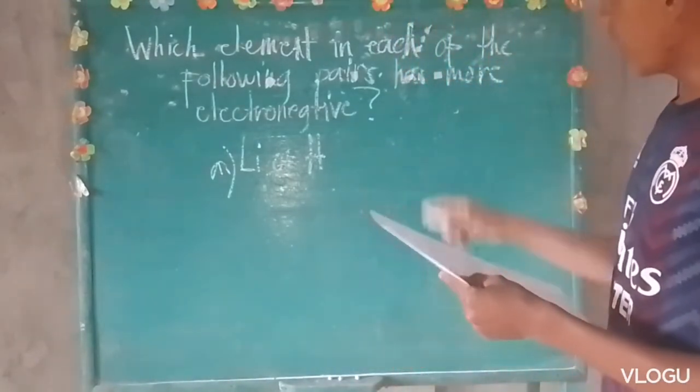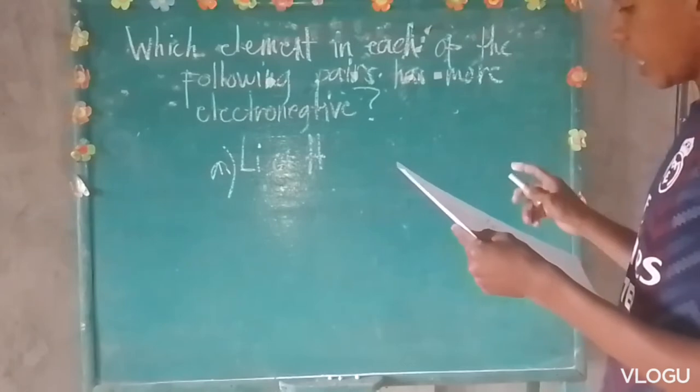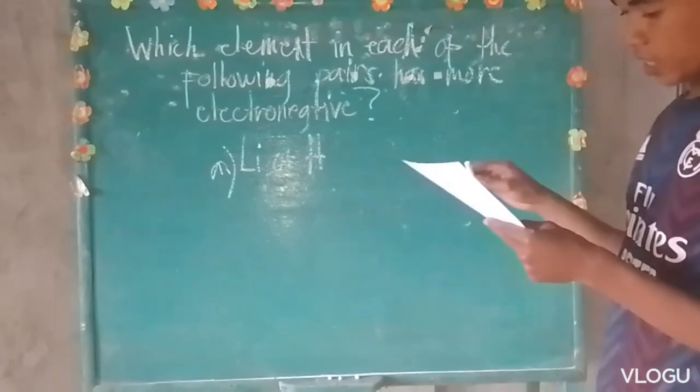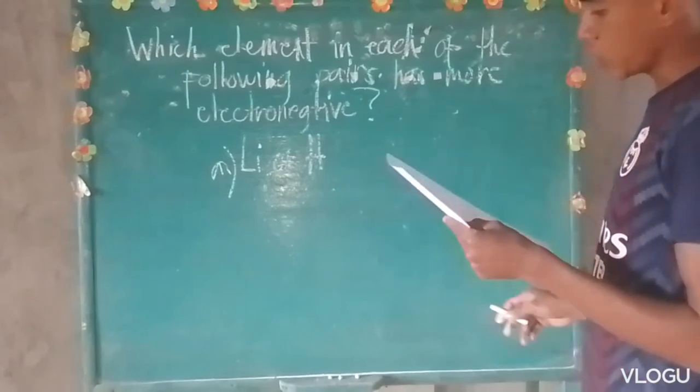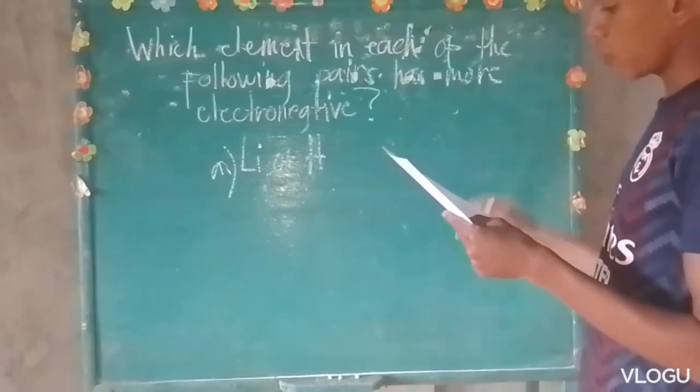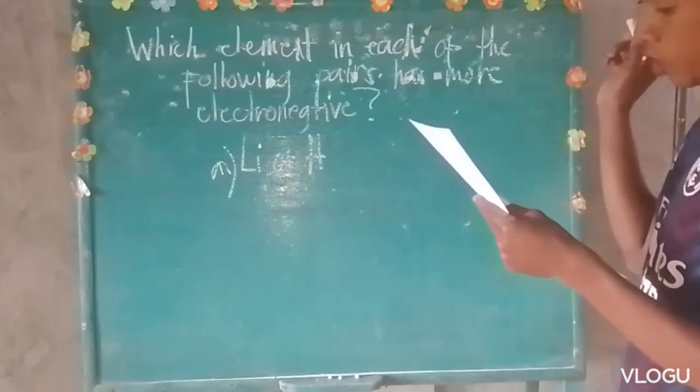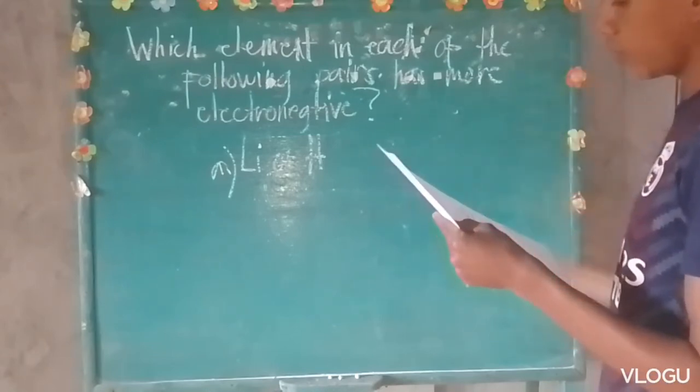The element Li is lithium and H is hydrogen. The element hydrogen has more electronegativity than lithium. Why? Because hydrogen has 2.1 electronegativity.